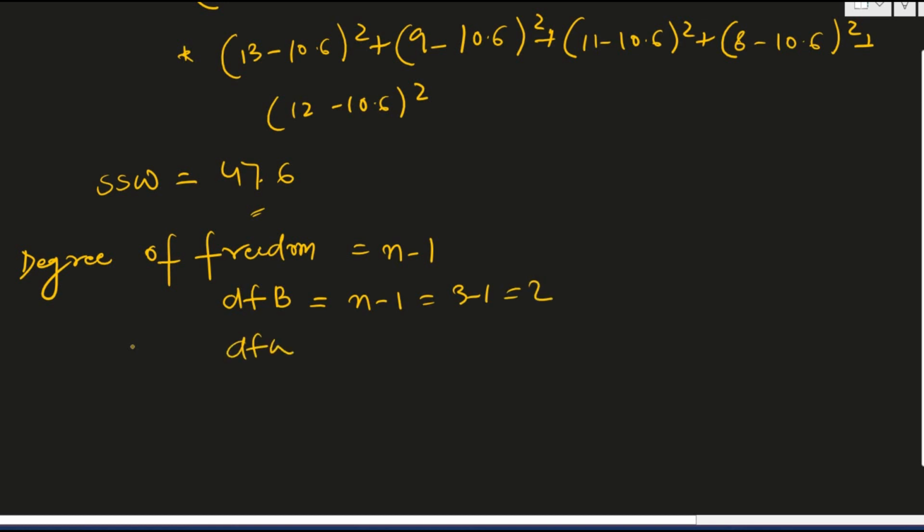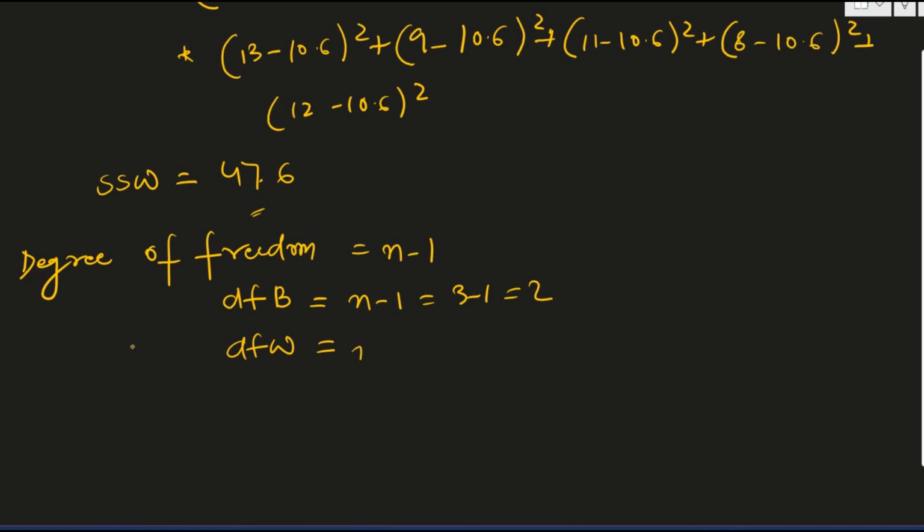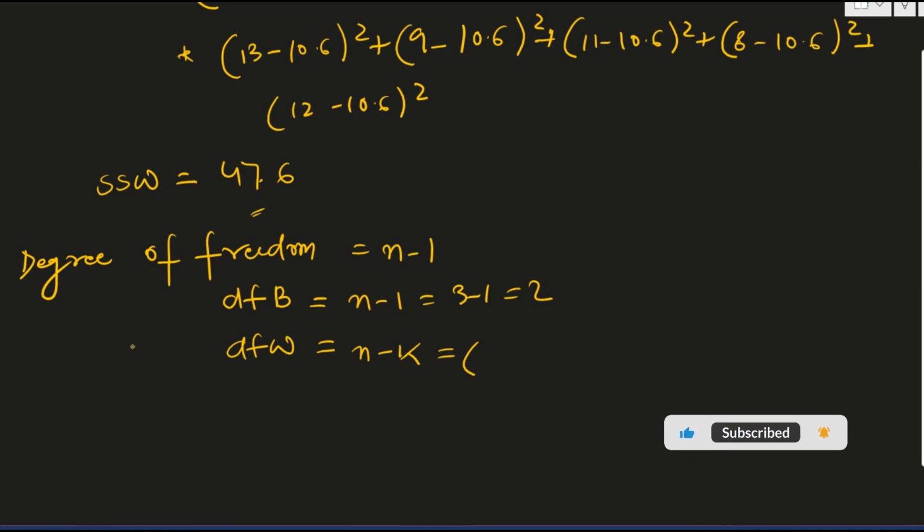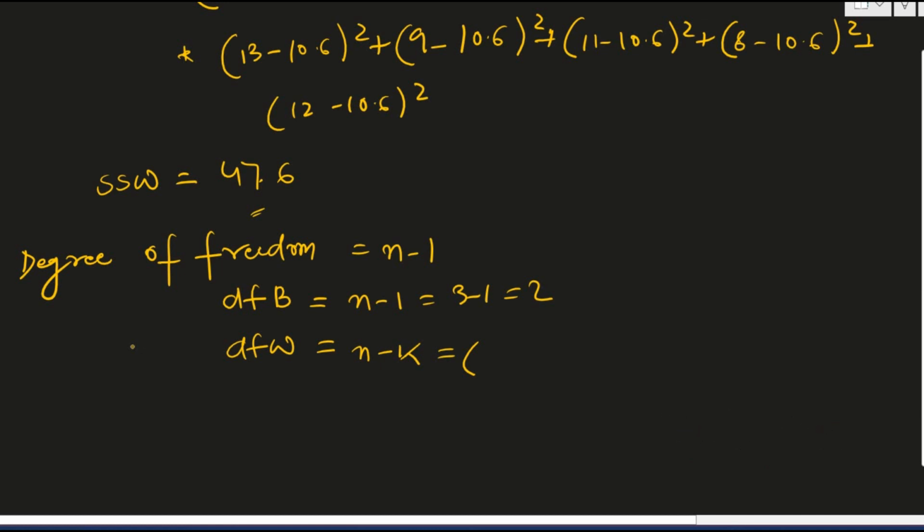The degree of freedom within the group will be N minus 3, where N is 5 into 3, so 15 minus 3, which is total 12. Basically, it is nothing but the number of observations in this case.